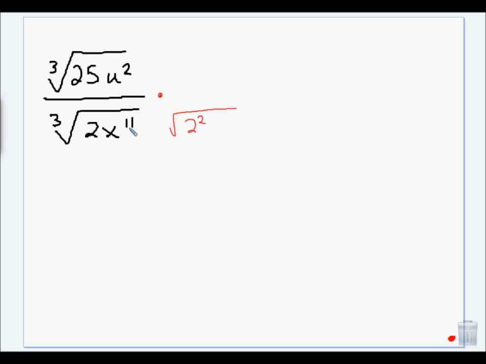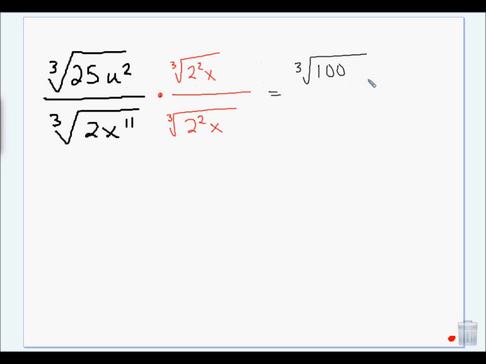If I add one more x to this, I'd have 12, right? And 12 divides by 3. So what I end up with is the cube root of 100, right?